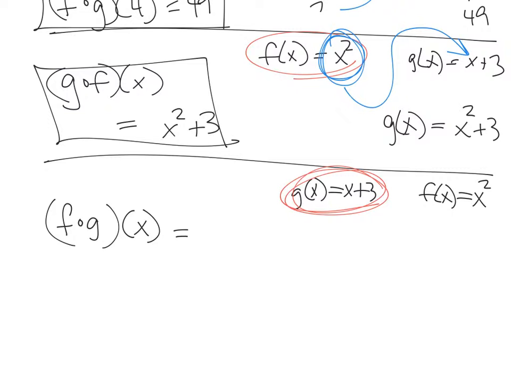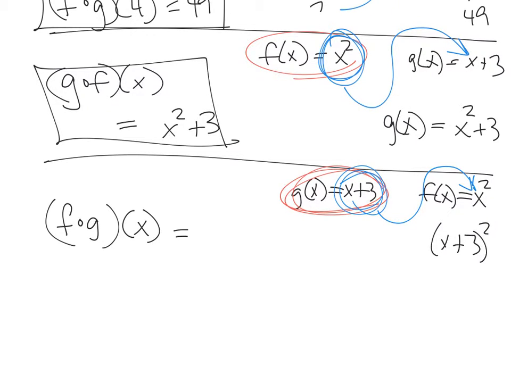So f of x becomes x plus 3 squared, because you're taking this answer right here and sticking it in for x. So that's x plus 3 squared.